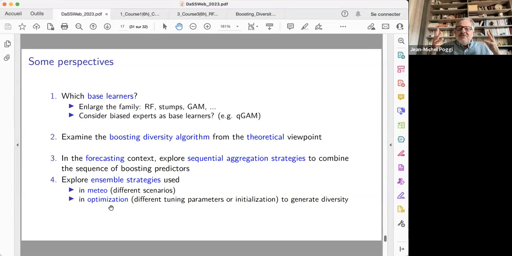In fact, the seminal discussion about this work was something: we had a project, and the title was The Different Ways to Generate Diversity in Predictors. So it is only one piece of a big picture. So the perspective is to try to have some pieces of this patchwork.